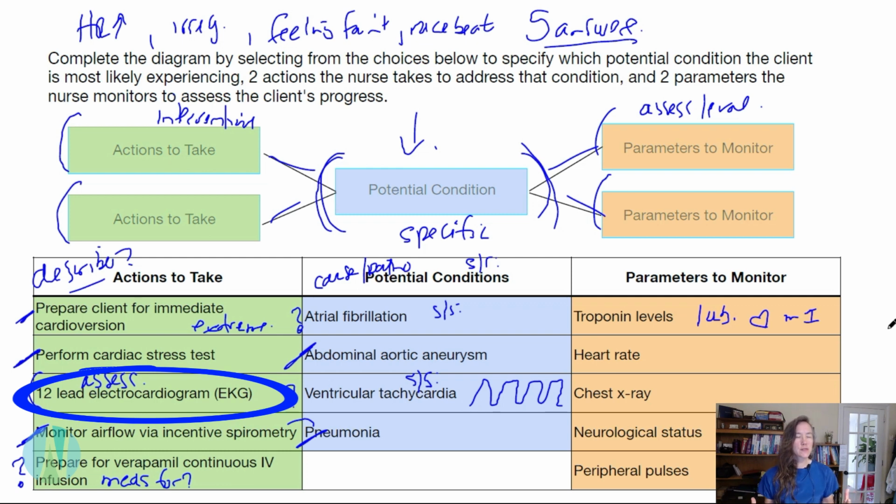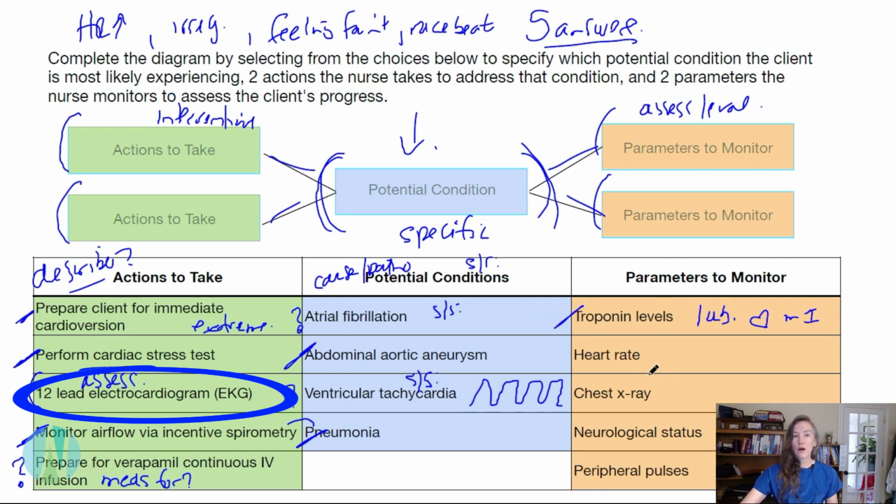Are these the symptoms of an MI? Feeling faint, racing heartbeat, irregular heartbeat? It might be, but remember what typically is an MI is that chest pain, or with women, they get this kind of GERD, acid reflux type of feeling. So not really the symptoms for that. So I'm going to get rid of that one.